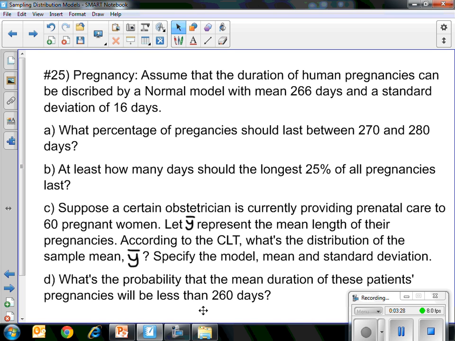You see that's less than, so it's going to be to the left of 266. In fact, it's very far away, standard deviation wise, from the 266. So let's take a look at again what the probability is that the mean duration of these patients' pregnancies will be less than that.